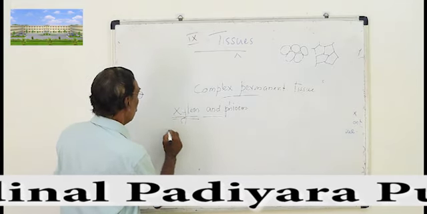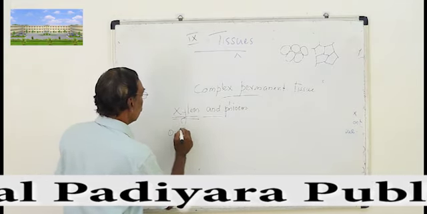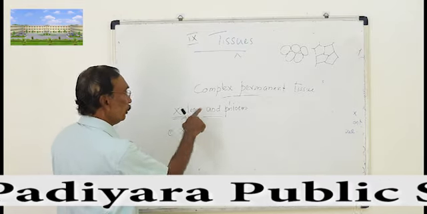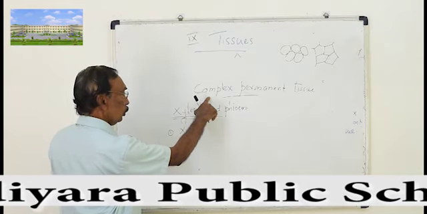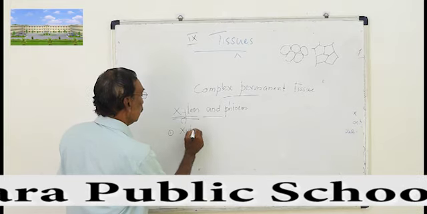Xylem is made up of 4 different types of cells. One important one is xylem vessels. That is why it is a complex tissue, because it is made up of more than one type of cell.